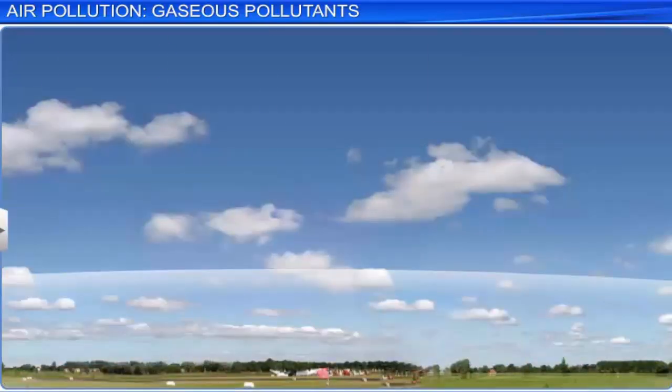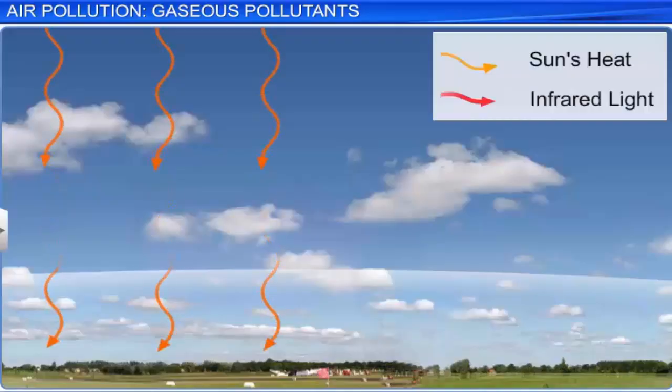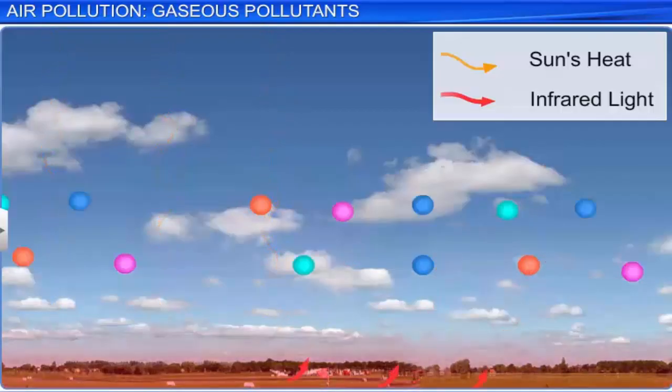Near the Earth's surface, another layer traps the sun's heat so that the Earth is perfect for life. In response, the Earth's hot surface also sends back some infrared light, a part of which is sent back to space through the atmosphere.